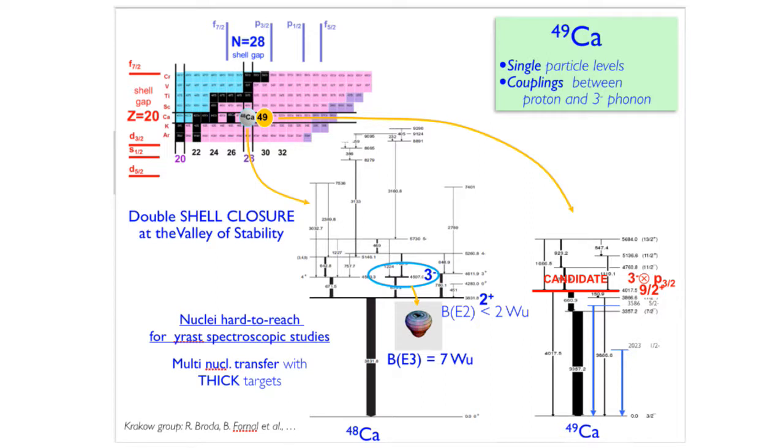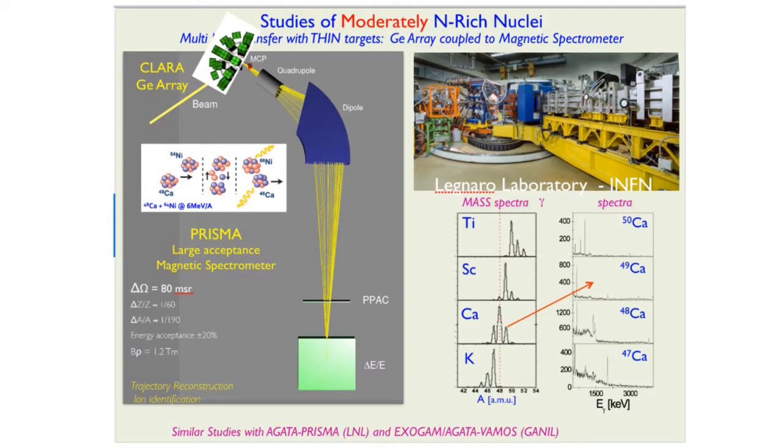So we did an experiment some years ago at Legnaro National Laboratory, making use of the PRISMA spectrometer constructed by Alberto Stefanini, Giovanna Montagnoli, and Enrico Fioretto, who are also here.